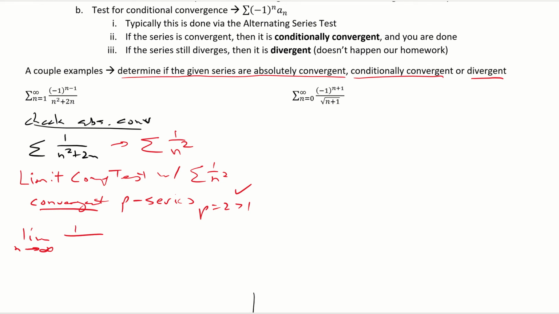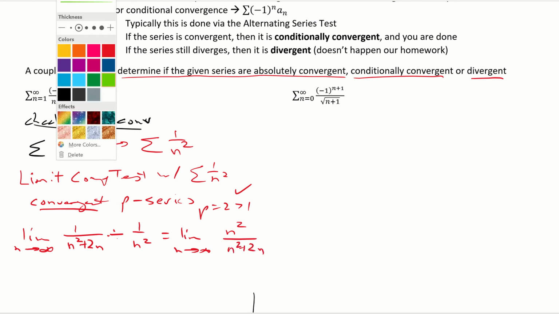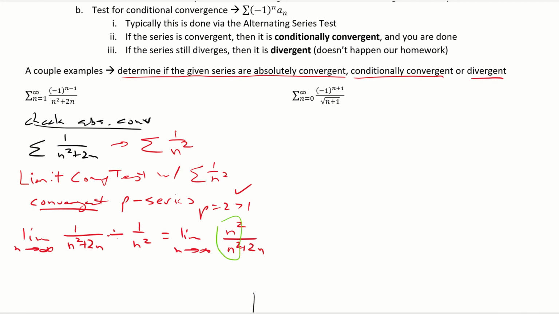So I'll go 1 over n squared plus 2n, divided by 1 over n squared, and I just do the work. When we invert and multiply, we get n squared over n squared plus 2n. And what do you think that limit is? Well, you look at the lead terms there, and you realize the limit is 1.